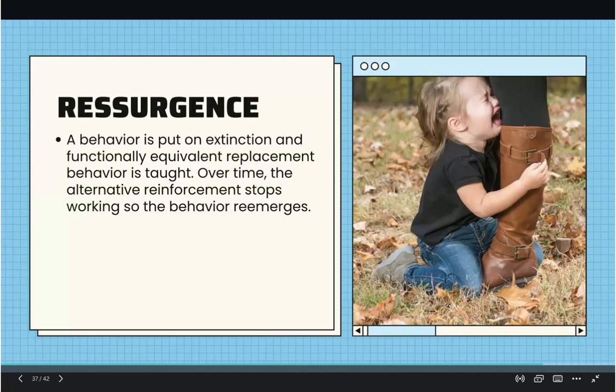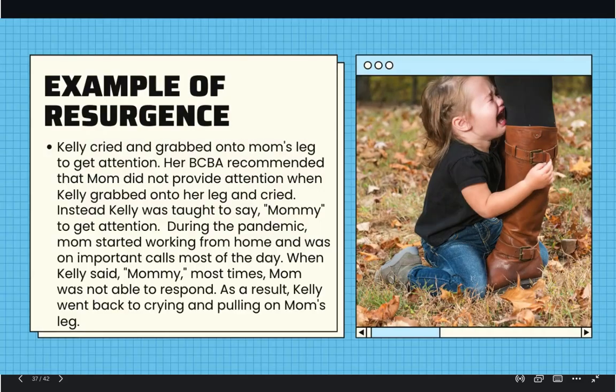And from the learner's perspective, the replacement behavior is no longer working. Now, when a replacement behavior no longer works, what does a person do? They go back to the original behavior that was put on extinction. That is called resurgence. So let's look at an example to make this really clear.